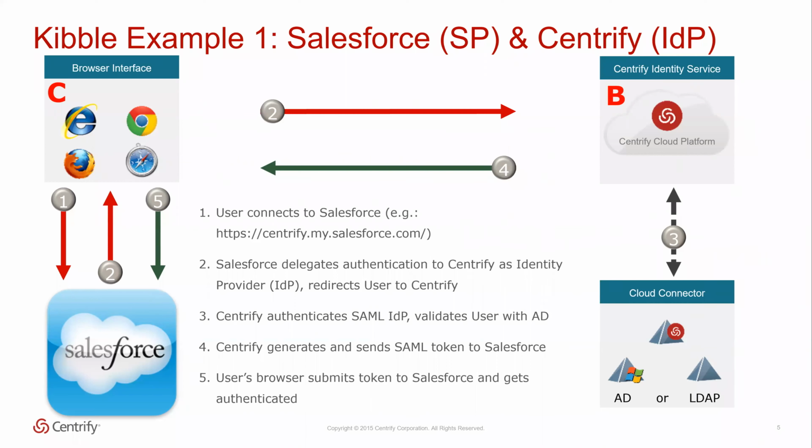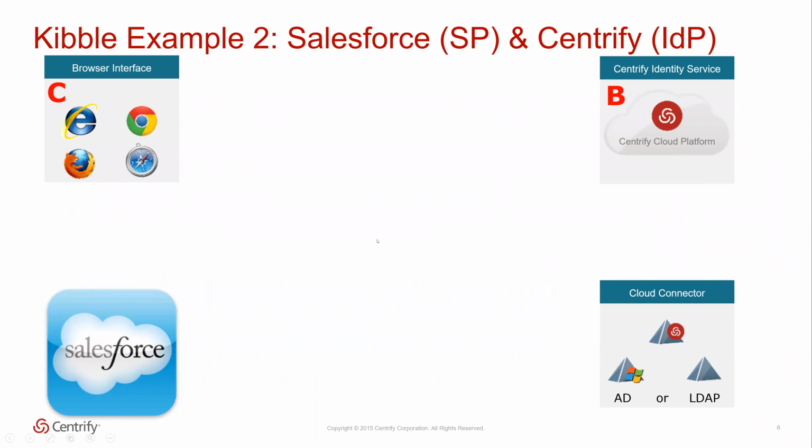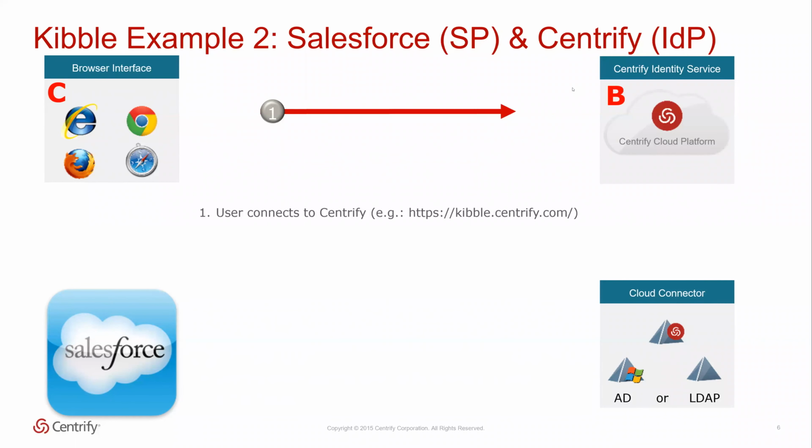Okay. Now, for those who use Salesforce, how many of you actually go to centrify.my.salesforce.com first? Even if so, how frequently? I don't know how many of you are raising your hands again. Never. But I can tell you, for myself, I actually go to Centrify first.